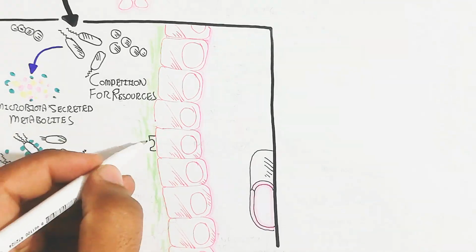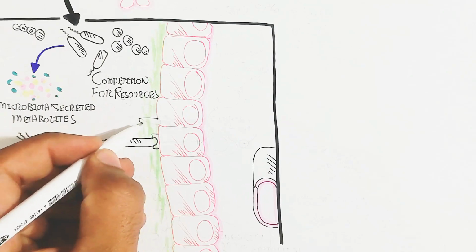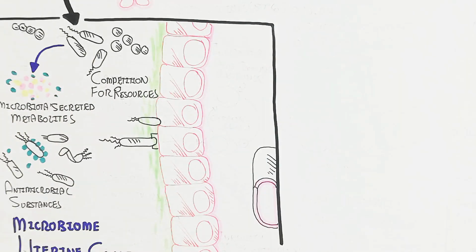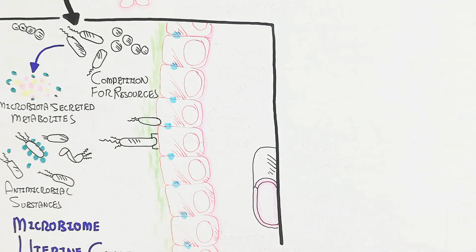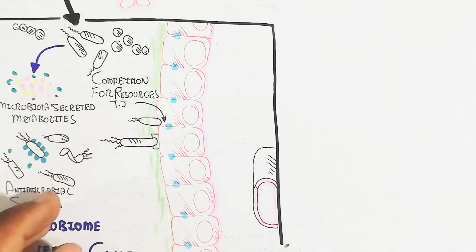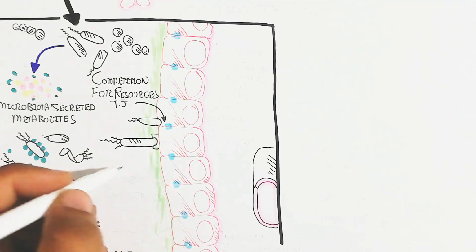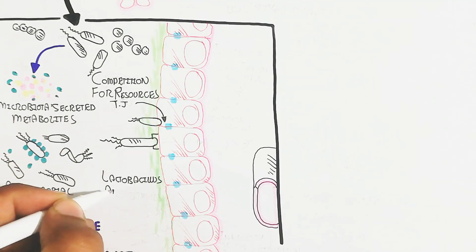This is the barrier immunity created by microbiota in the uterine structure in the vagina.